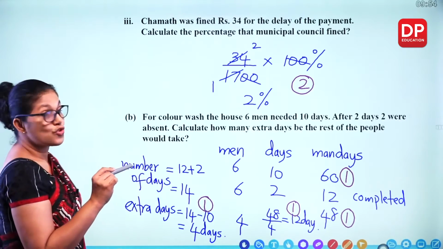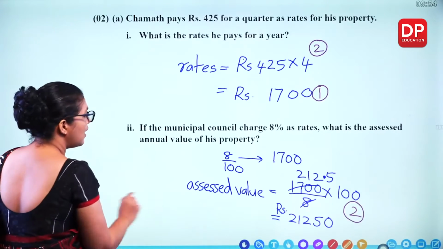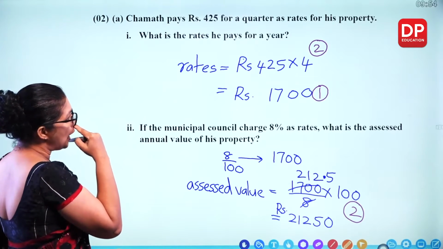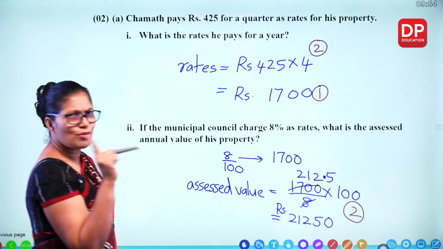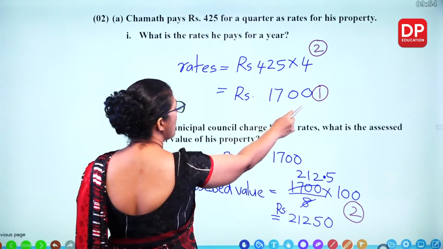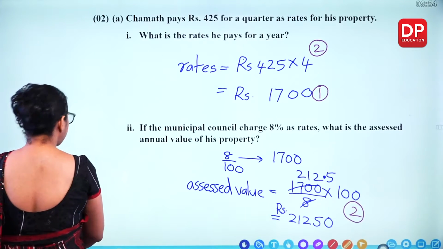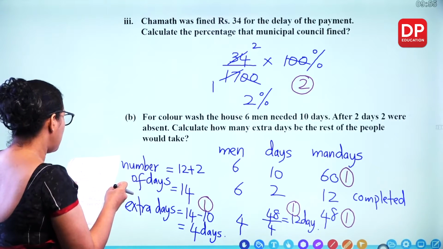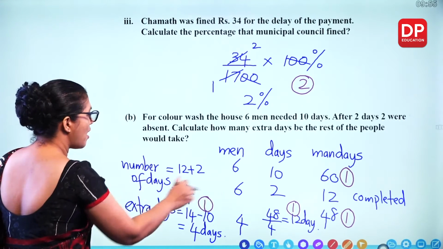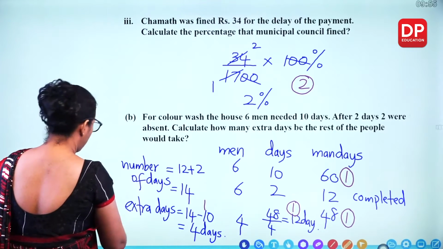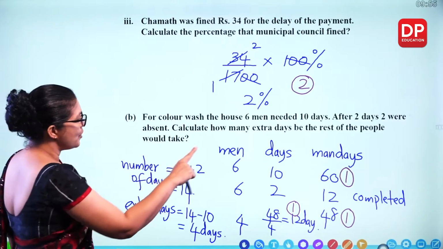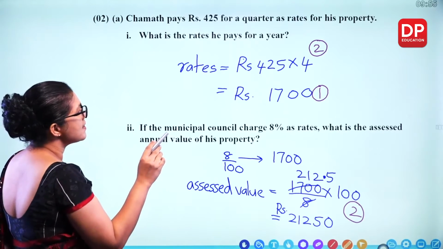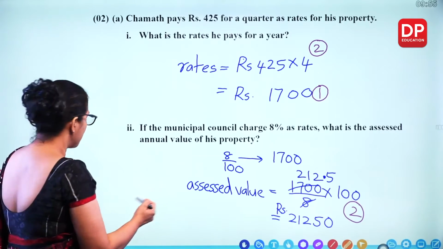So 4 plus 2, 6, and 6 plus 2, 8. 8 and 3. So that's wrong. 2 plus 1, 3, 5. And this should be only 3 marks. So 1 mark will be deducted from this one. So now it's okay. 3 marks. 3 plus 2, 5. 5 plus 2, 7. 7 plus 3, 10 marks.